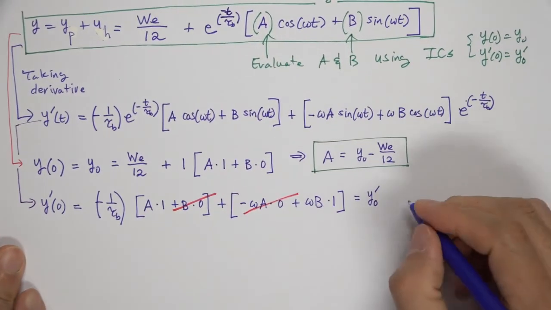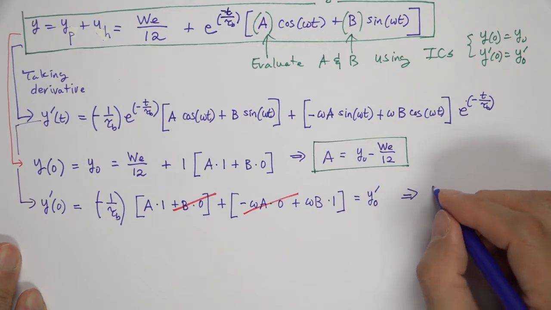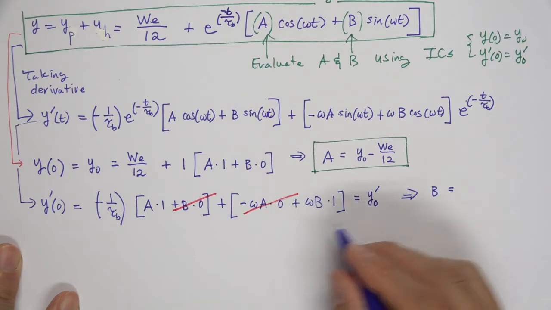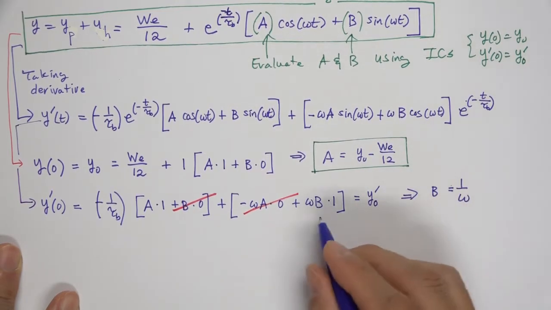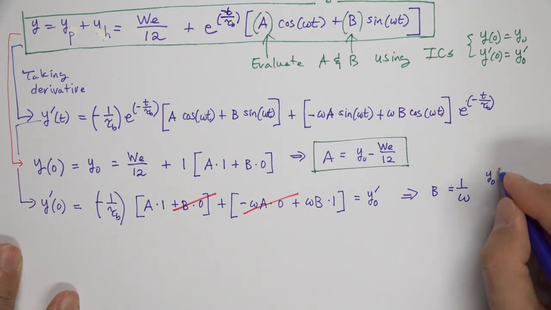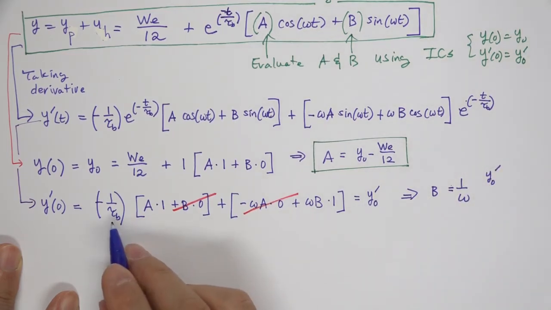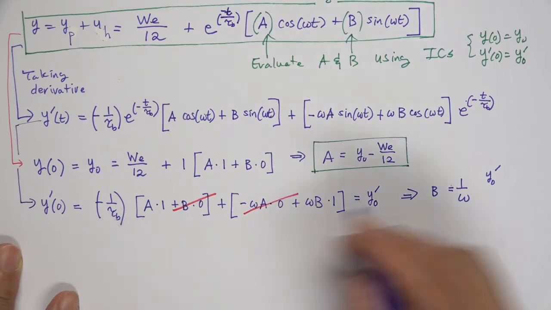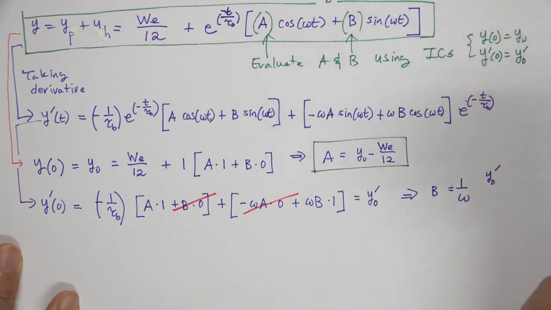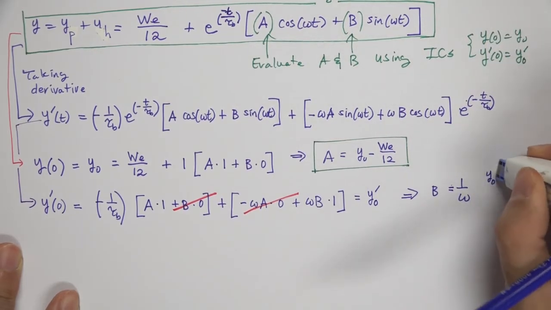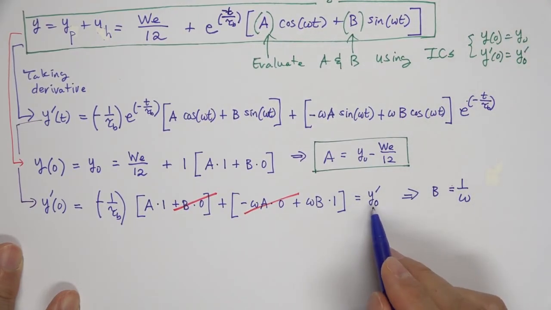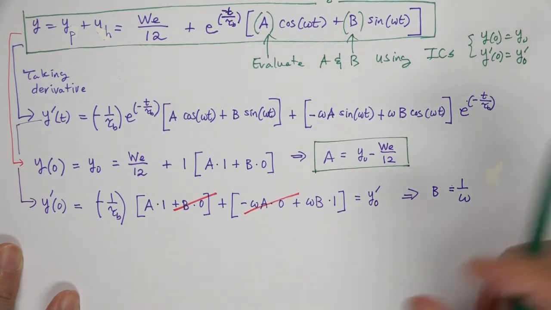So b here is 1 over omega, this one because of that, and y prime 0, plus, I put it in the wrong location. What is this? That's this one right here.